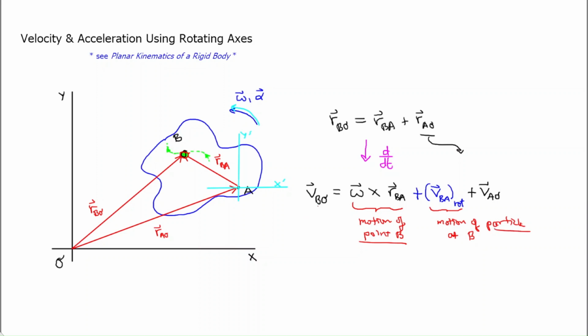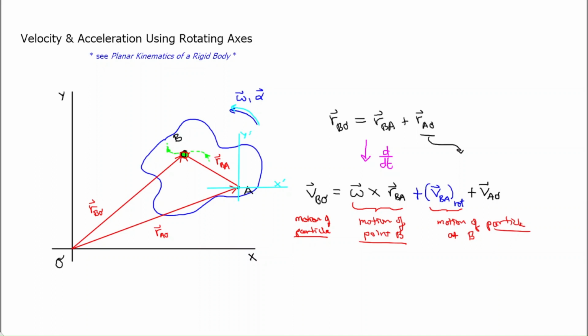And then velocity BO incorporates both of those. What it does is it has to do with the motion of the particle, but as viewed from outside this rotating frame of reference.